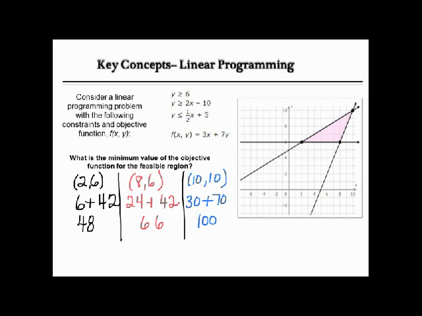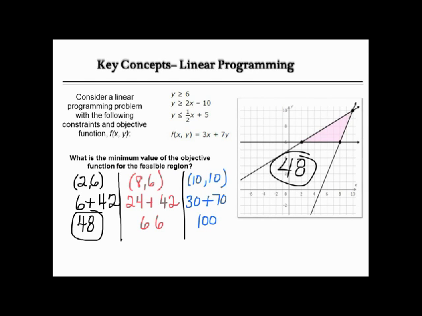They want to know the minimum value. Well, the minimum value means the smallest number, which is 48. So the minimum value of that objective function is 48.